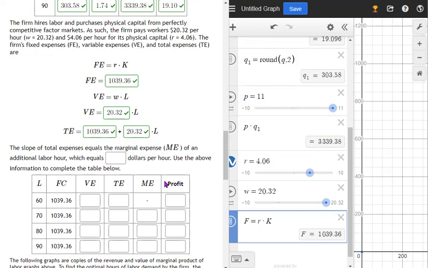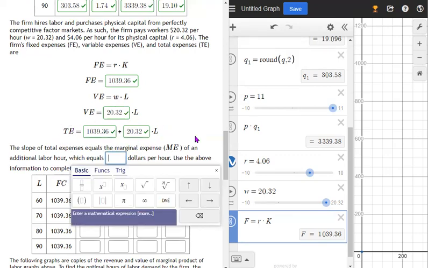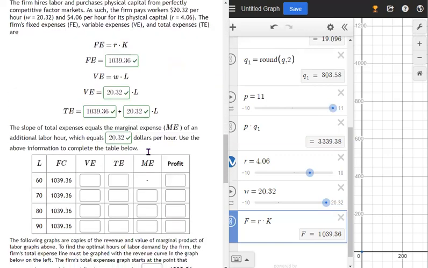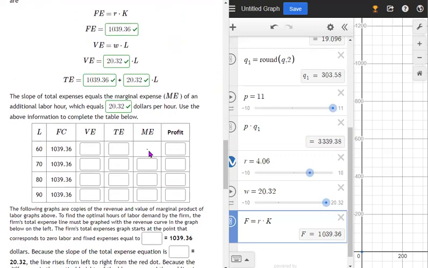Now, the slope of the total expense equals the marginal expense, right? This is just a line here, right? And the slope of this line is 20.32. We can call that value the marginal expense.